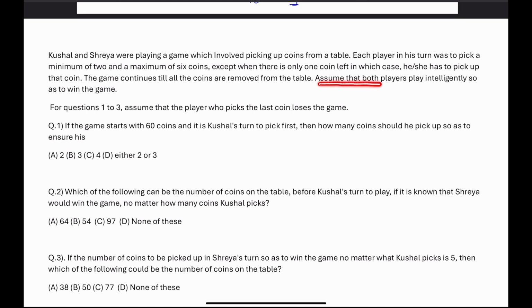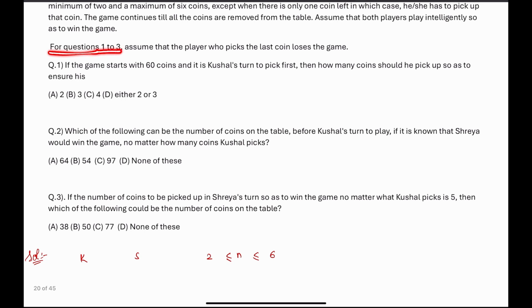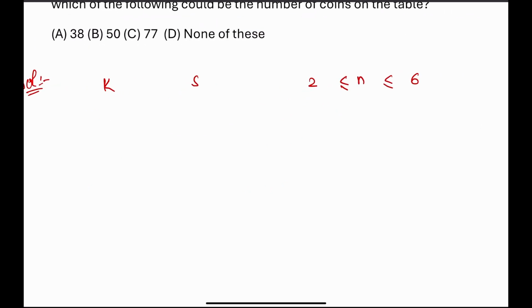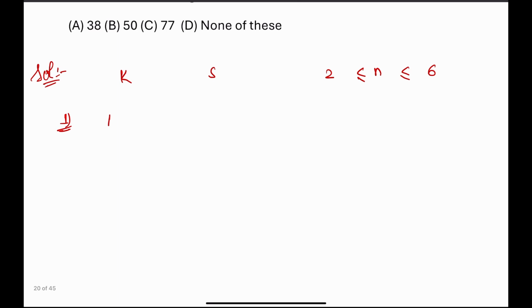Assume that both players are playing intelligently so as to win the game. For question number 1 to 3, assume that the player who picks the last coin loses the game. So for questions 1 to 3, we have to focus on last pick lose.